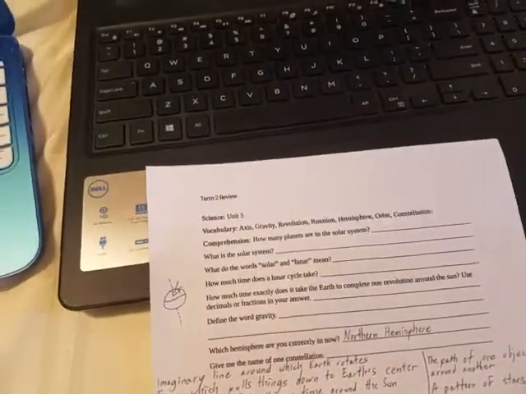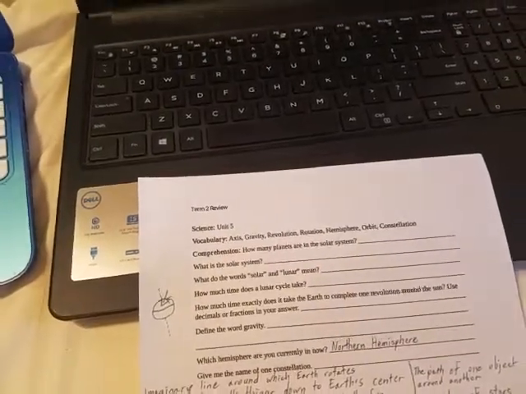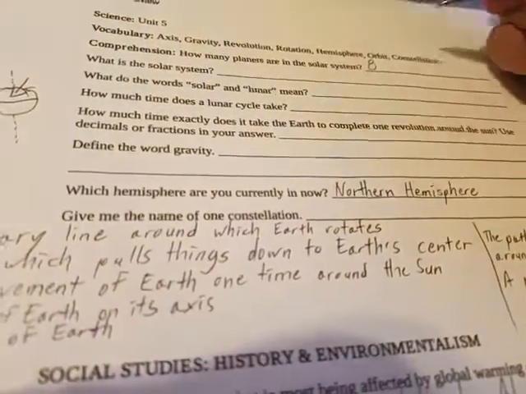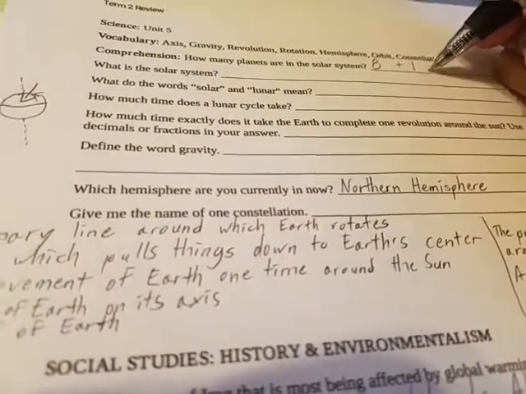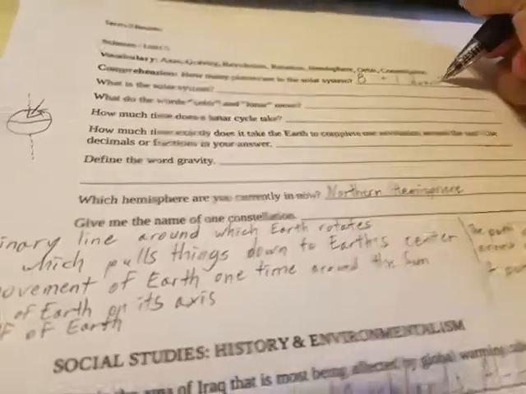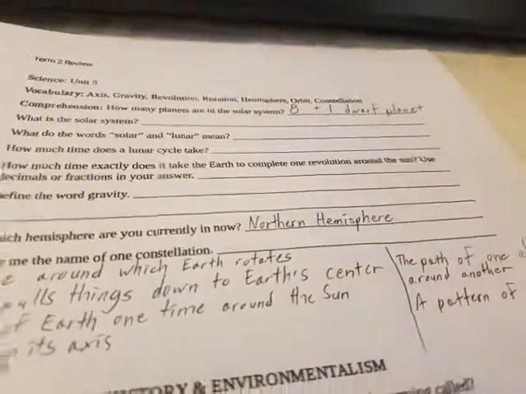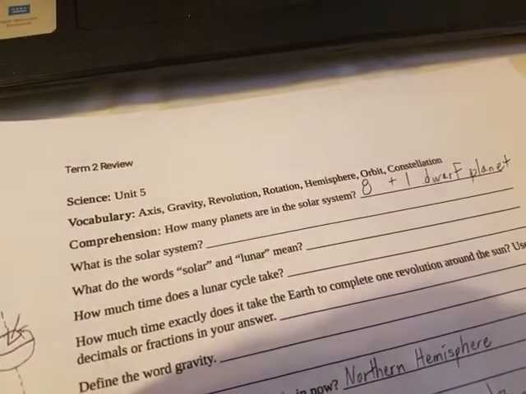All right, how many planets are in the solar system? Currently, they are classified as 8. And then you have one dwarf planet, which is Pluto, which is not classified as a planet. Okay, so the correct number is 8. What is the solar system?